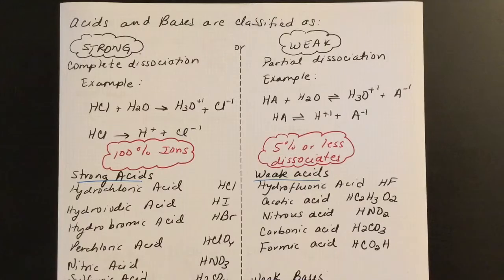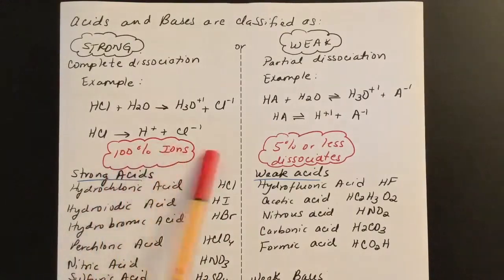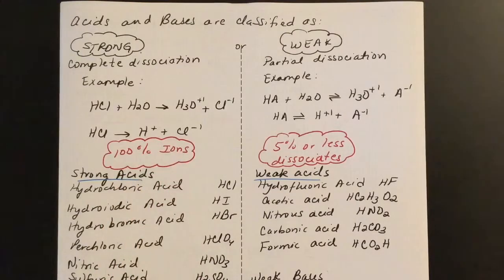For 5%, you can think about it like this: if you have 100 molecules of this generic acid HA, out of the 100 molecules, only 5 of them are going to dissociate to give you the proton and the conjugate base. If you have a strong acid, then what you have in solution is only the ions, because if you have 100 molecules of a strong acid, all of your 100 molecules are going to dissociate to give you the ions in solution.